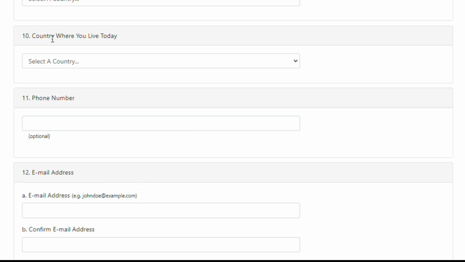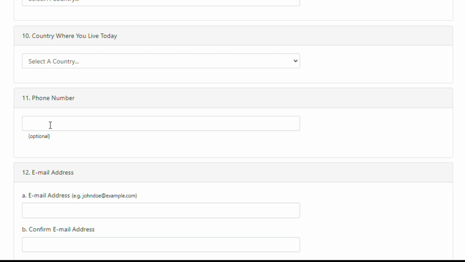And then this item here, country where you live today. So this is the country in which you're living as you are filling the DS-260, as you are entering the DV lottery. So at the time of your application, where are you staying? That country is what you fill in here.